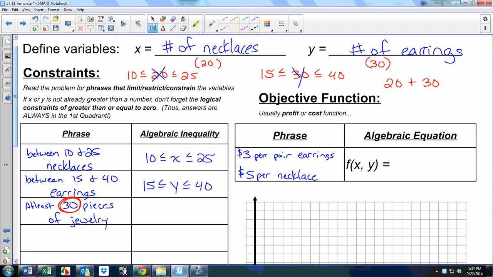I'll use blue: greater than or equal to 30. That 30 in blue came from the phrase. I should have used a different number. Try to avoid numbers in your concrete example that are already in the problem. But anyway, the 20 represents X, the 30 represents Y, so your inequality, X plus Y, has to be greater than or equal to 30.